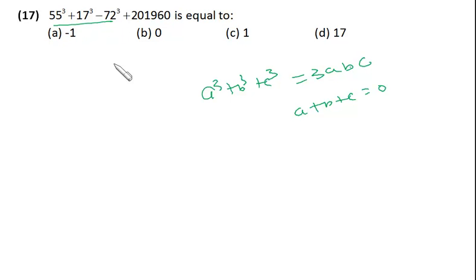That means this expression is nothing but 3abc. That is 3 into 55 into 17 into 72 negative, then plus 201960. Chances are there the product of this is 201960. And this much risk you can take, right? So your answer must be 0.